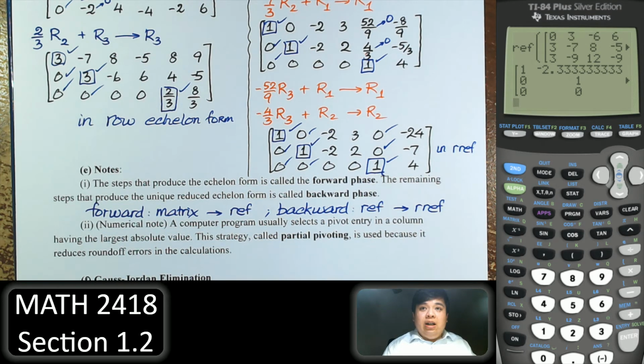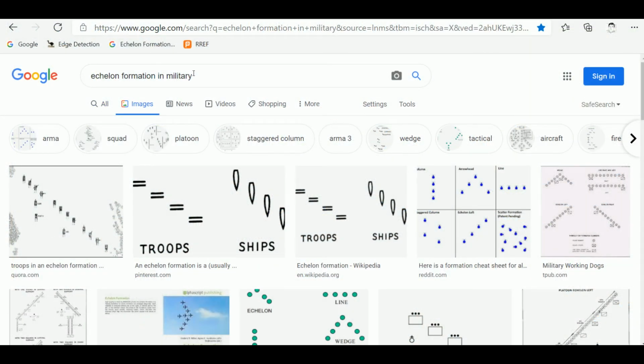Well, if you don't have a calculator, just go to the website. I will put this link in the learning materials.